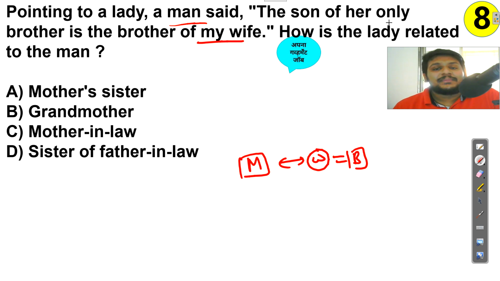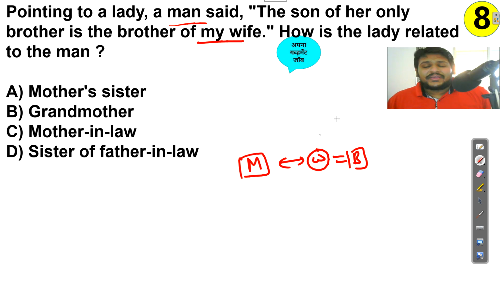The son of her means that lady's son. So see, the son of her only brother. Something is fishy here. Wait, this is the man's wife, and her brother, so this is the brother. The son of her, the lady, means suppose the lady is here.